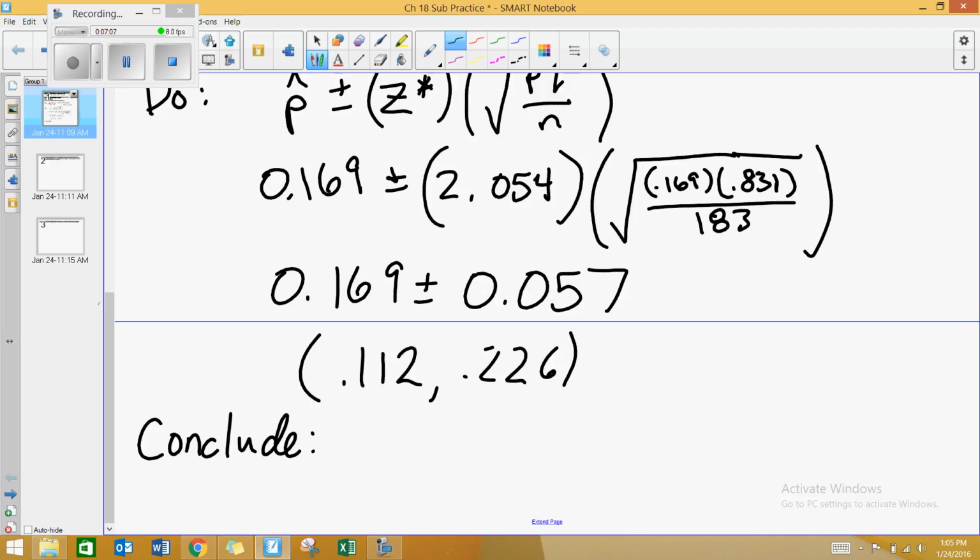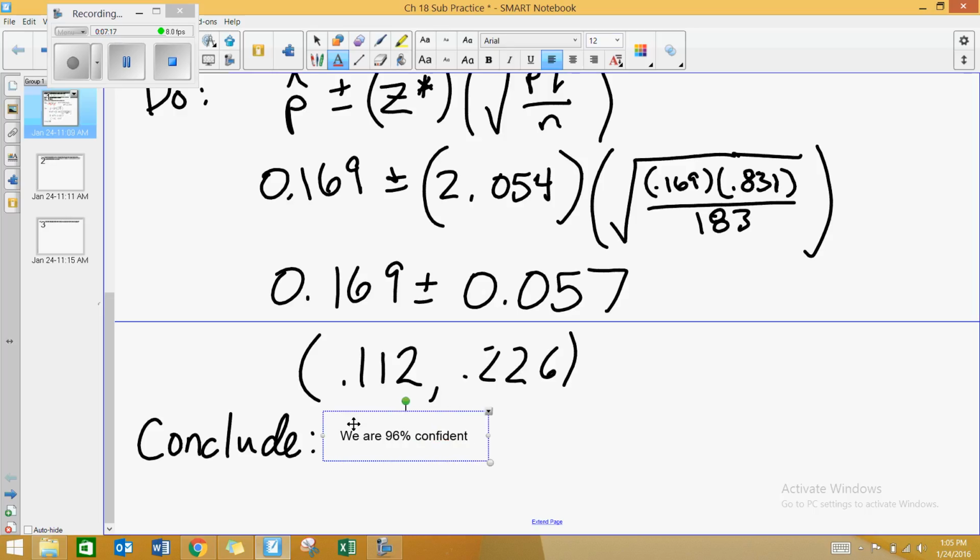So our conclude step must tie the context back in. We are 96% confident, that was the confidence level we chose or were told to choose, that the true proportion, well, true proportion of what? Who are we talking about? Well, we were talking about residents who approve of the prison project.